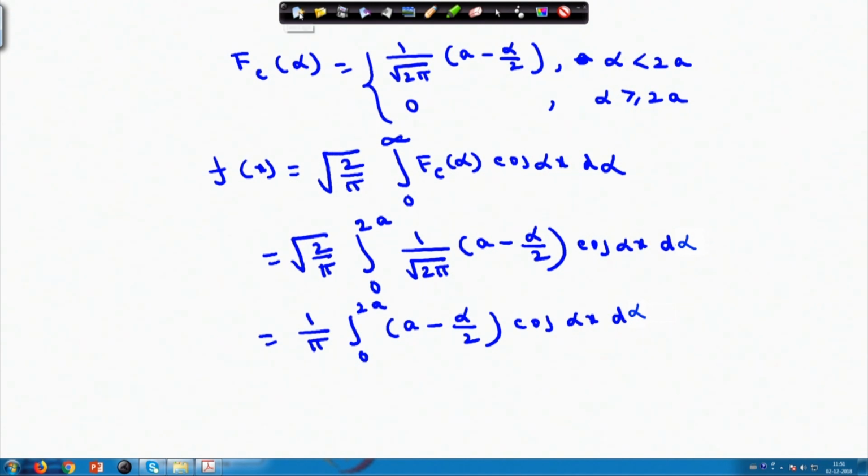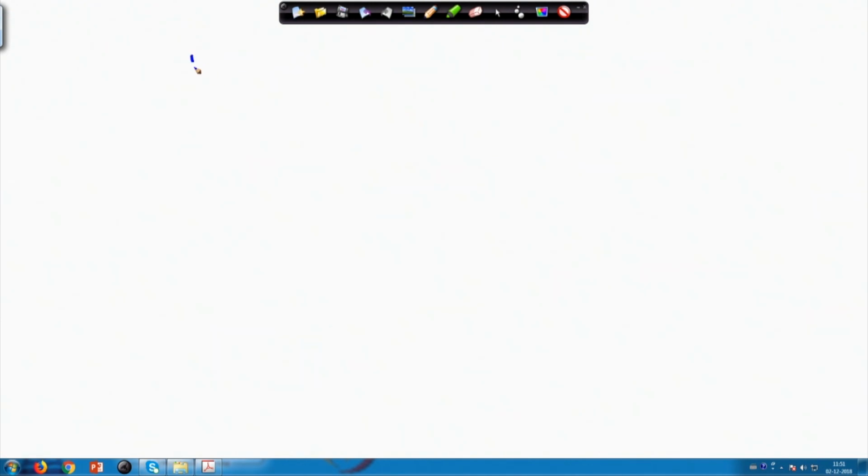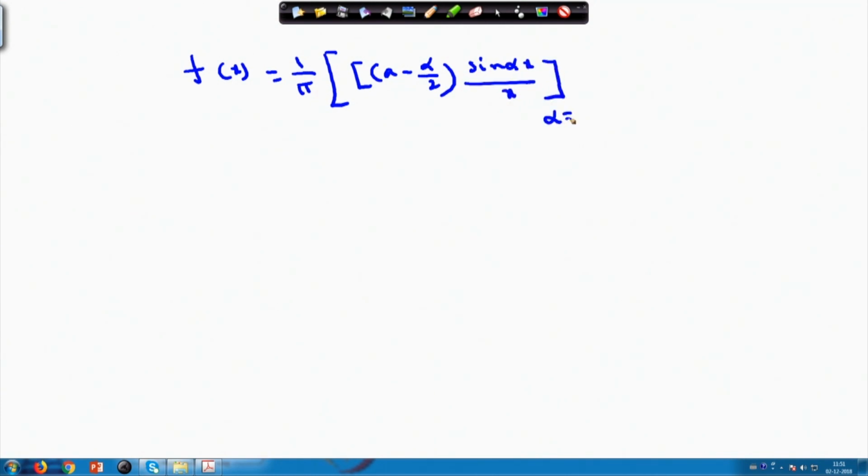So, if you evaluate the integral, your f x you can write down 1 by pi into, for the first part you can obtain a minus alpha by 2 into sin of alpha x by x, where alpha will vary from 0 to 2a, plus 1 by 2x into integral 0 to 2a of sin of alpha x d alpha. So, using the earlier one, we are getting a minus alpha by 2 into sin of alpha x.